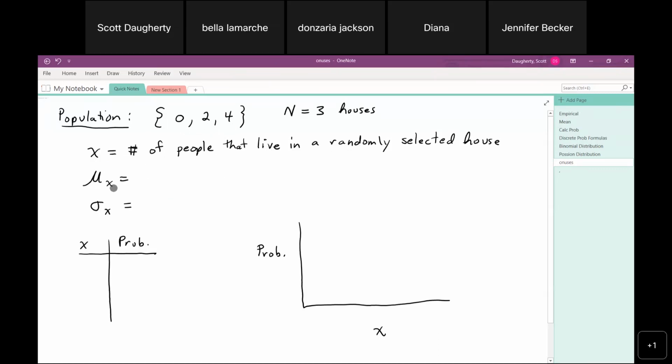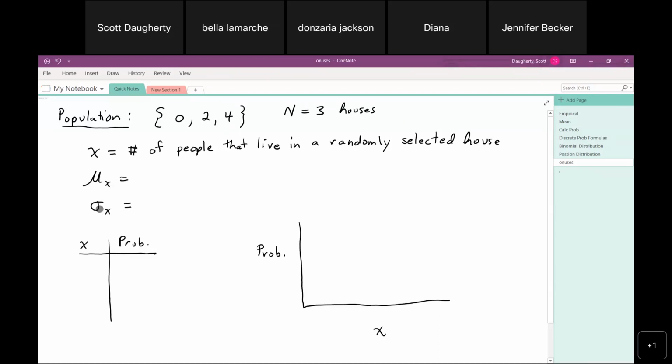We haven't used this in the past with a subscript. We usually just call the population mean mu, but I'm going to put an x on it because we're going to talk about more than one random variable. So this is going to be the mean of the random variable x.